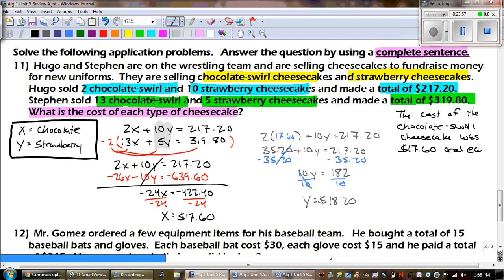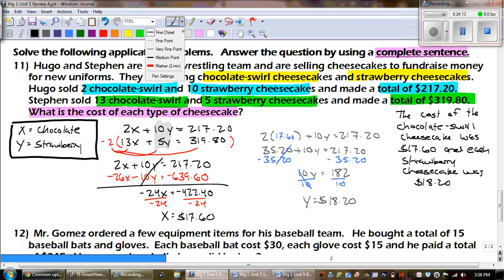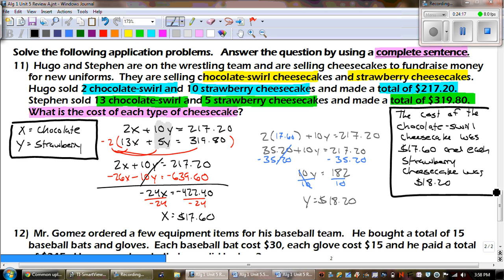And each strawberry cheesecake was $18.20. Okay? Now, don't do all of that hard work and get points off for either mixing up the variables or not writing a complete sentence, okay?